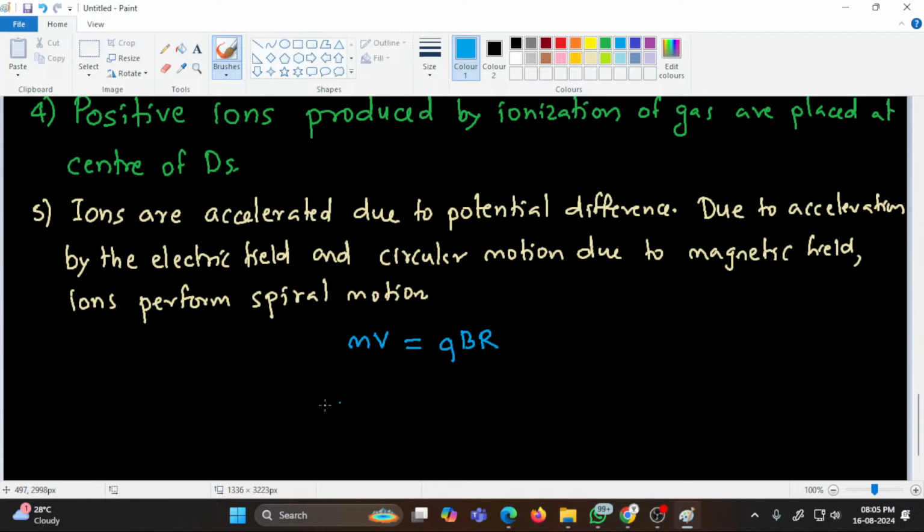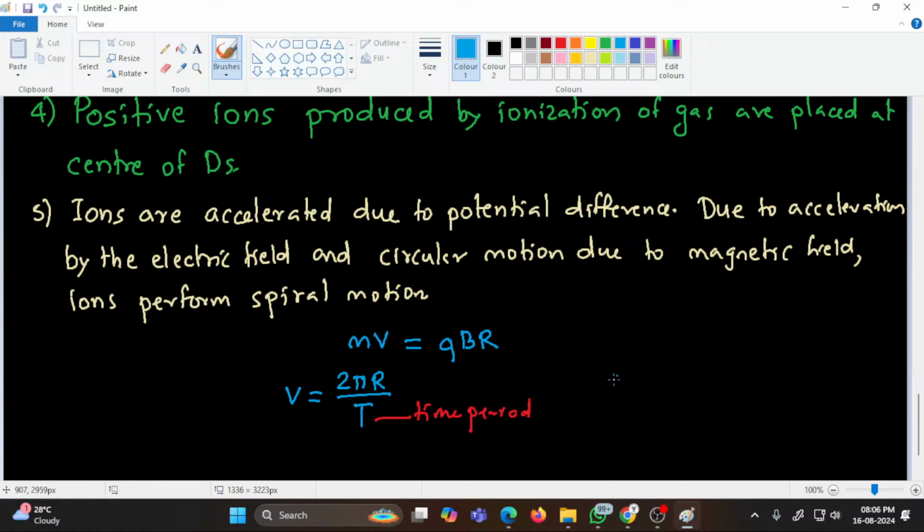Then the speed of the particle inside the D, v is equal to 2 pi r upon T. T is the time period. This is the speed in circular motion.